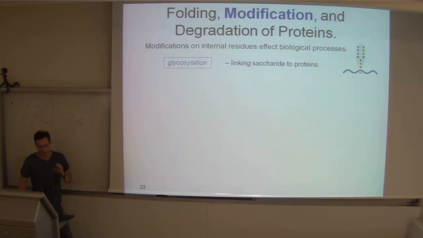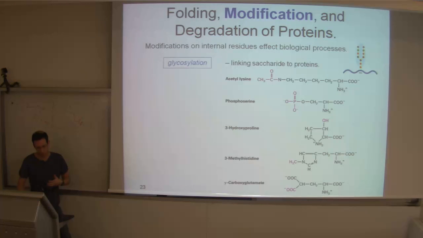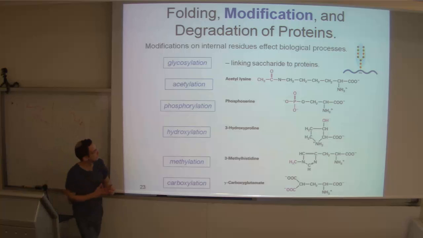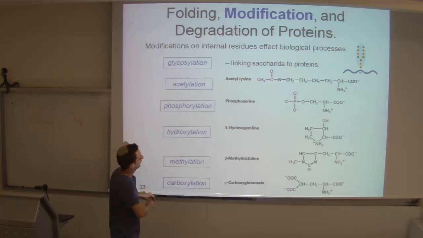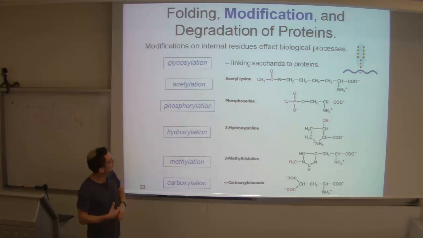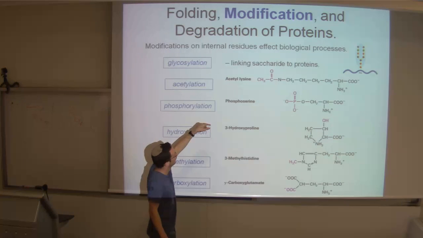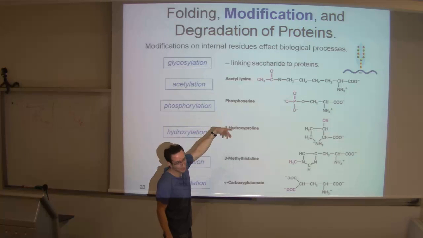Okay, in a bird's view, here are some other existing modifications. Modifications on internal residues, which again affect biological processes, location in the cell, and so on. So glycosylation is the name of linking a saccharide to a protein.